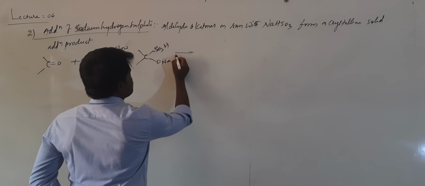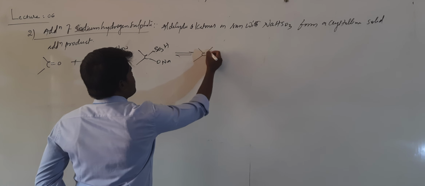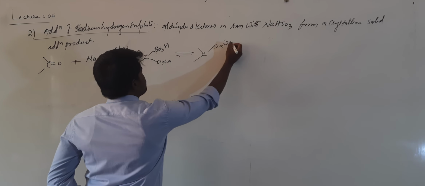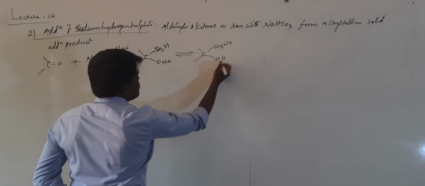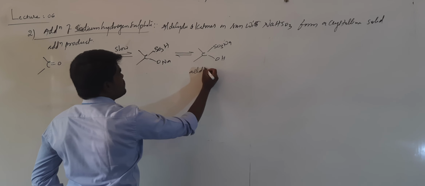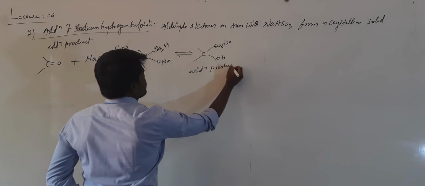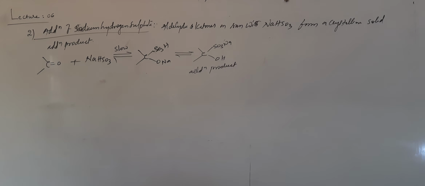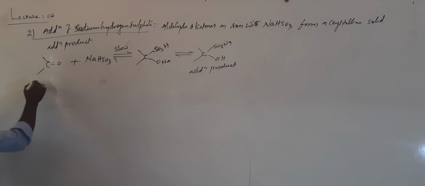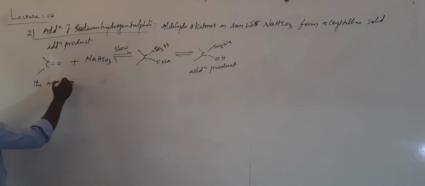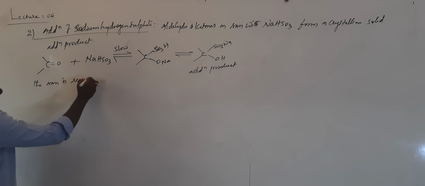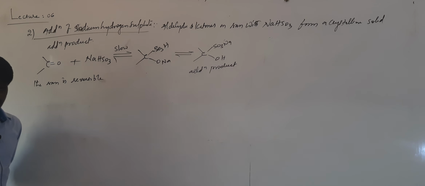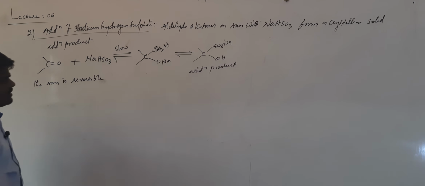On abstraction of a proton, it forms what we call the addition product. The important aspect of this reaction is that it is reversible, meaning it can proceed in both forward as well as backward direction.